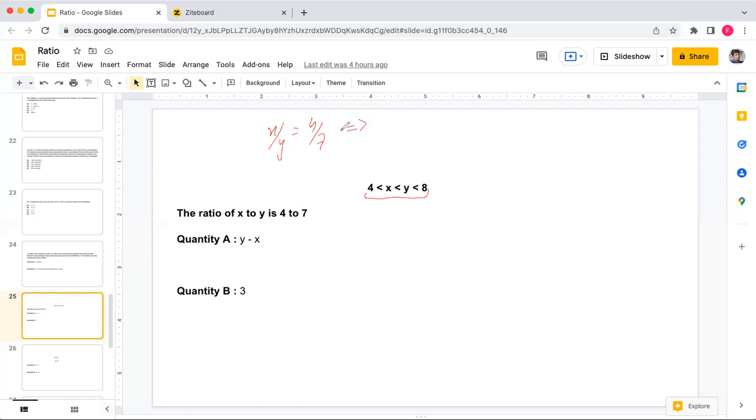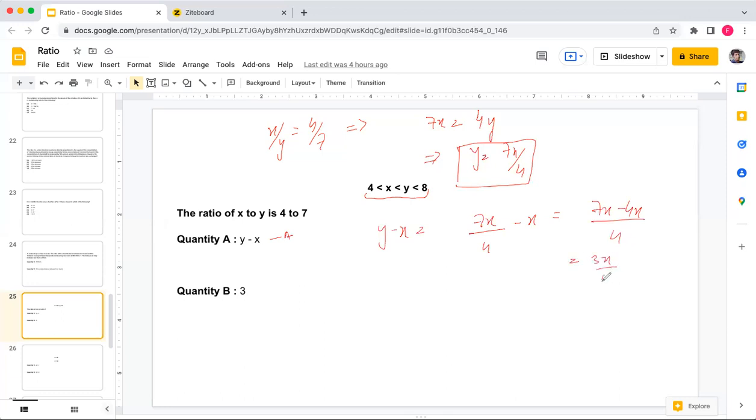If we simplify this, we can write this as 7x is equal to 4y. We can also write this as y is equal to 7x by 4. Just substitute this in quantity A, that is y minus x. Y is 7x by 4 minus x. So this will be 7x minus 4x by 4, and this is 3x by 4.